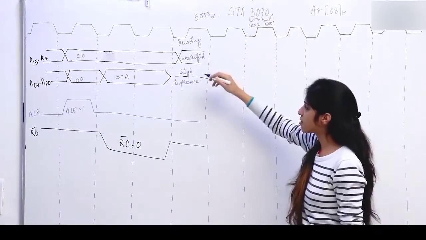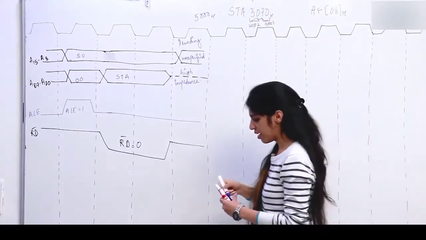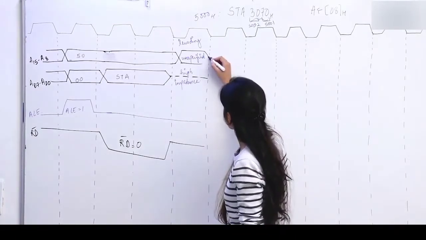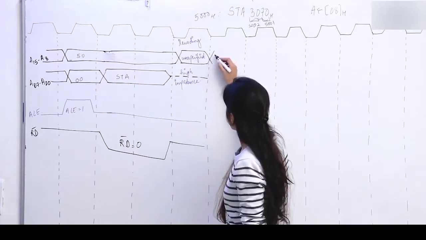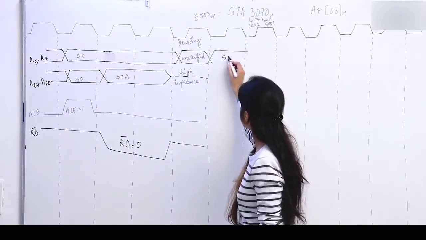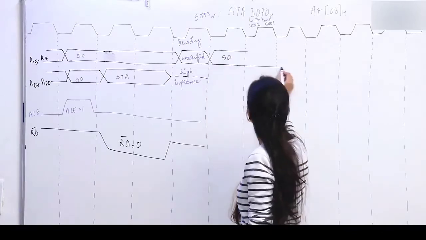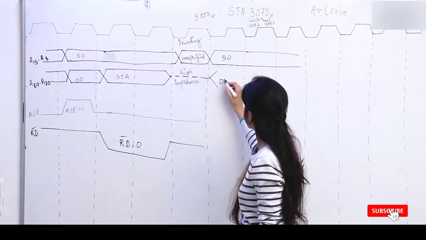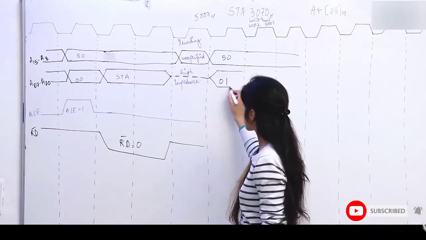So what happens in the next cycle? In the next cycle again we are going to put the next address. What is the next address? 50, and this is going to hold 0 1 0 1.